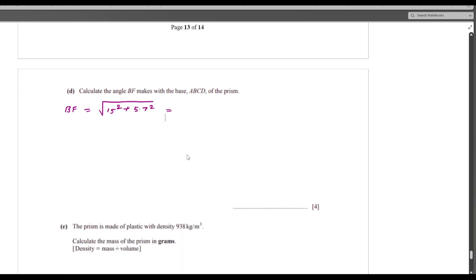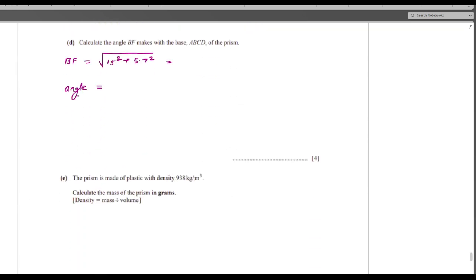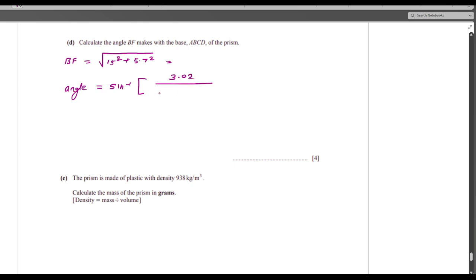Simply I will find the angle. Your required angle will be equal to, for that I am going to use sine inverse. Your angle is sine inverse of the opposite side 3.02 over the hypotenuse, which is the square root of 15 square plus 5.7 square. Okay, so let us calculate. Shift sine inverse.